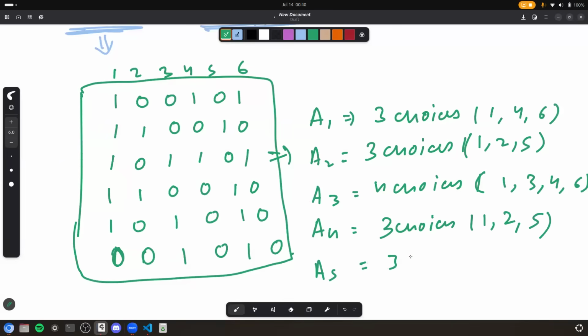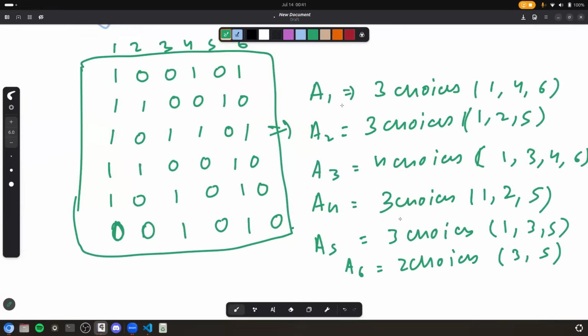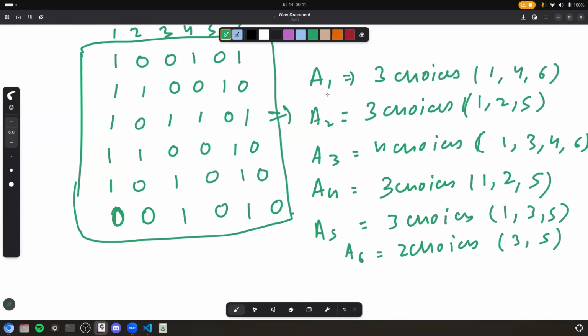A5 again has three choices, 1, 3, 5, and A6 has two choices, 3, 5. So when I am forming an A, I need to pick one of these three, one of these three, one of these four, one of these three, one of these three, and one of these two. And that would give me a new array A.